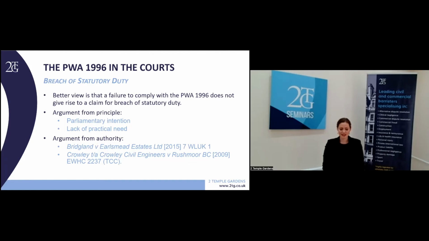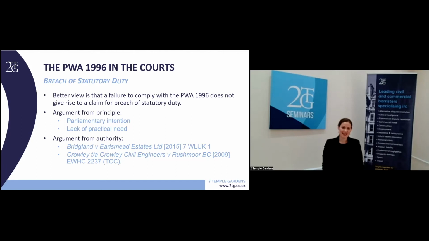In the first instance, as a matter of principle, there is no evidence that Parliament intended for the duties within the Act to be actionable by private individuals. In addition, it's far from clear to me that a cause of action in breach of statutory duty is necessary, that it will be plugging a gap in the law.